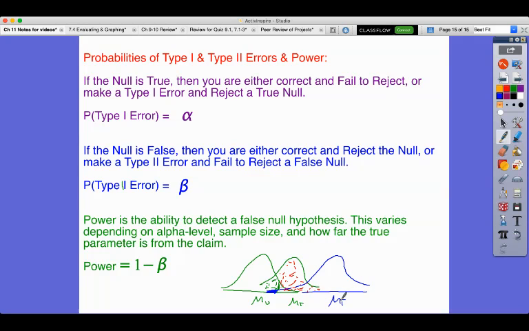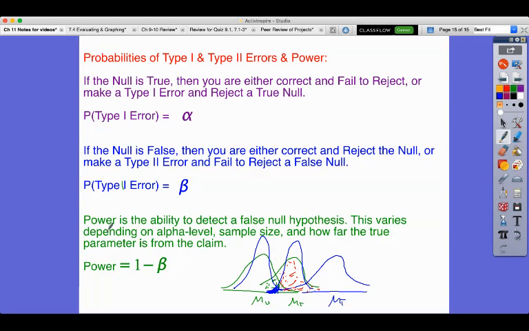So a farther away true parameter is easy to detect. Larger sample size basically makes this taller and skinnier and this taller and skinnier. And notice what just happened to this space. It just got way smaller, okay? And so that makes it easier to detect. And an alpha level moves this line of rejection region, making it easier or harder to detect.